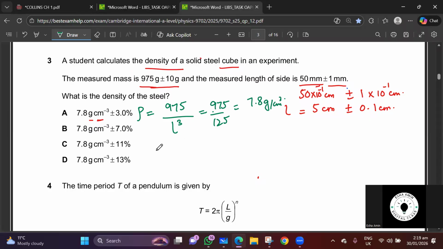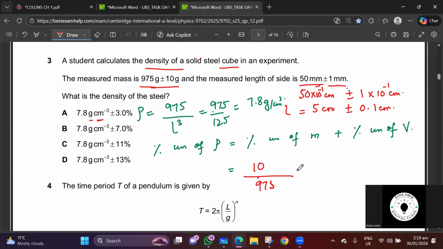Now we will find the absolute percentage uncertainty of density. For this one, we should know the percentage uncertainty of mass plus the percentage uncertainty of volume. The percentage uncertainty of mass: the mass uncertainty is 10 gram, so 10 divided by its measurement 975 into 100, plus the percentage of volume.